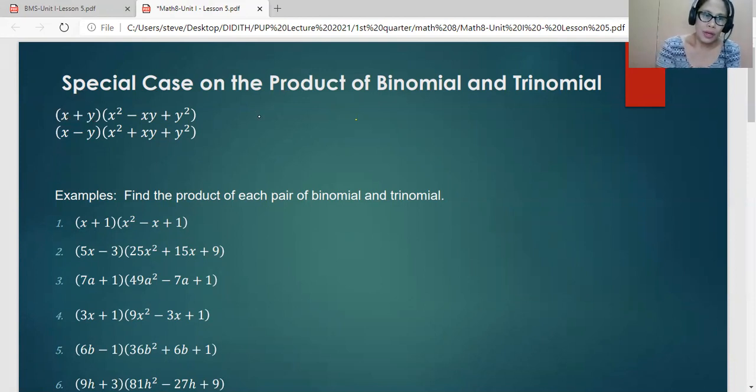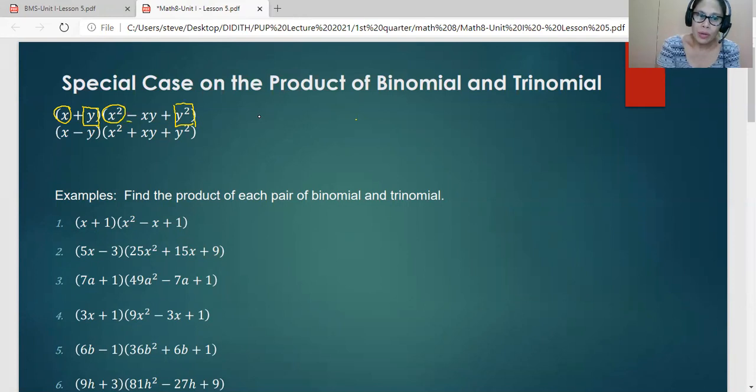The first term of this binomial factor is the square of the first term of this trinomial factor. Likewise, the second term of this binomial factor is the square of the last term of this trinomial factor.